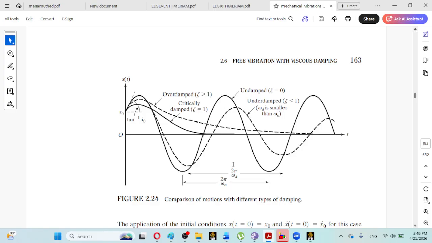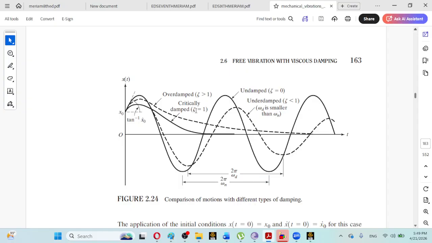As we can observe in figure 2.24, the solid line is the undamped case, meaning free oscillation. The dashed pattern is the underdamped case, with damping factor less than 1, where omega d is smaller than the natural frequency.